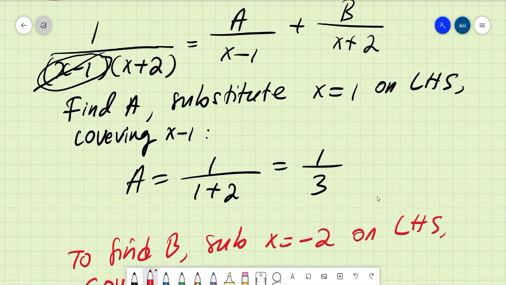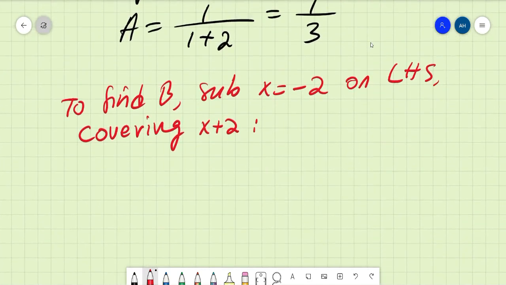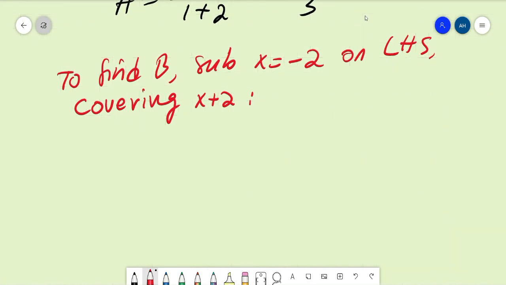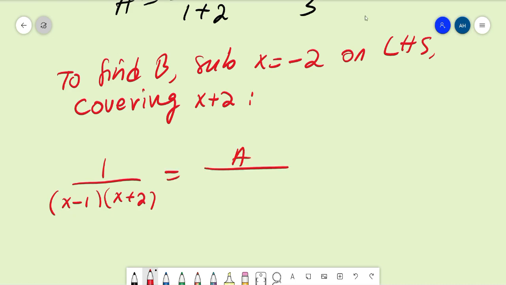Okay, now this time let me write it down again. The left hand side, originally we have 1 over x minus 1 multiplied by x plus 2 equal to a over x minus 1 plus b over x plus 2.